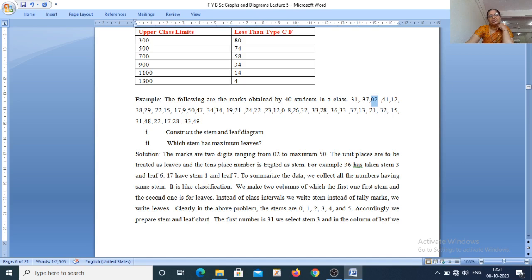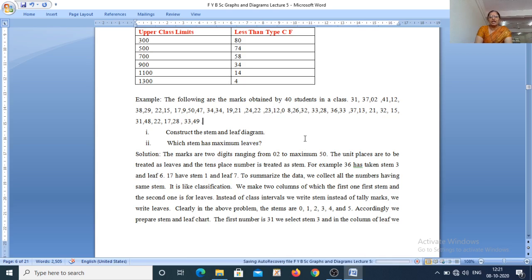So here, since these are all 2-digit numbers, we will first consider the digit which is in the tens place. So here the numbers in the tens place are 3, 0, 4, 1, 3, 2, 5, maximum is 5, and so on. So these are called stems.